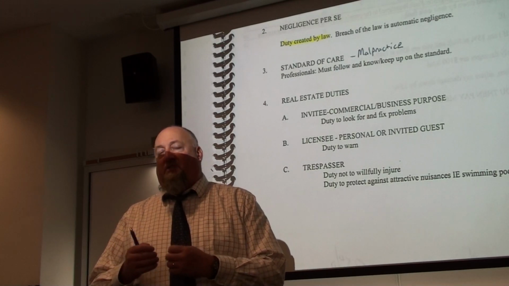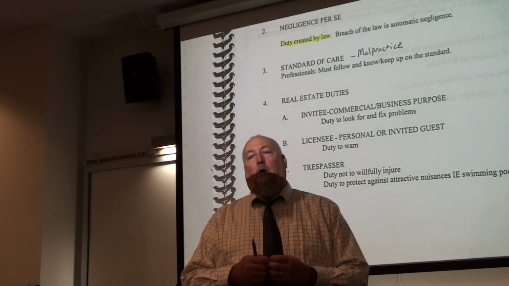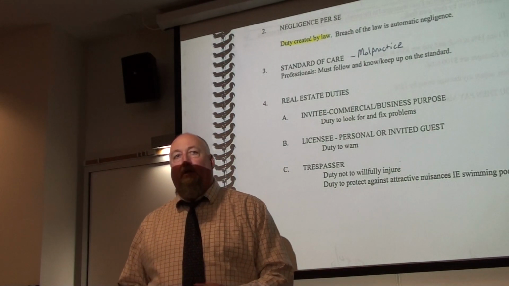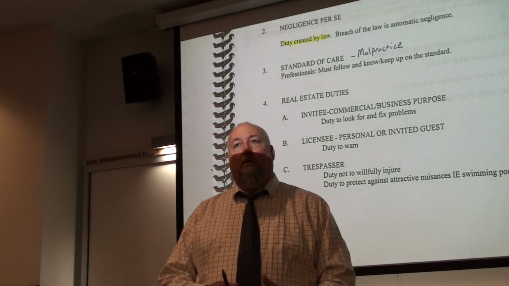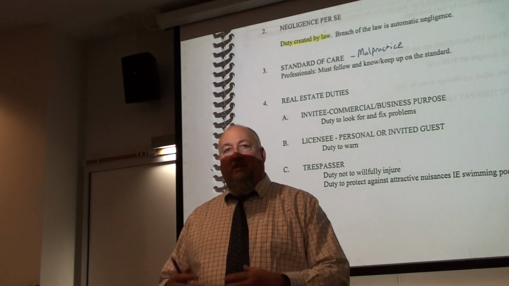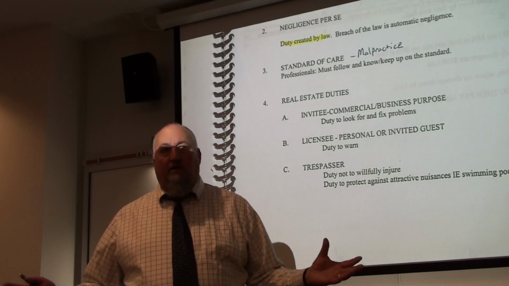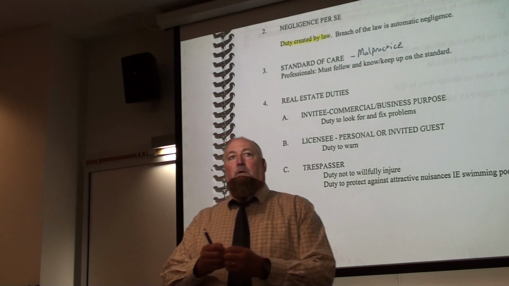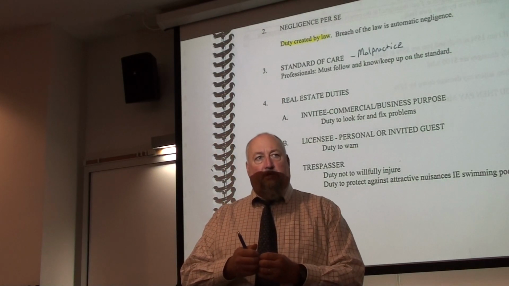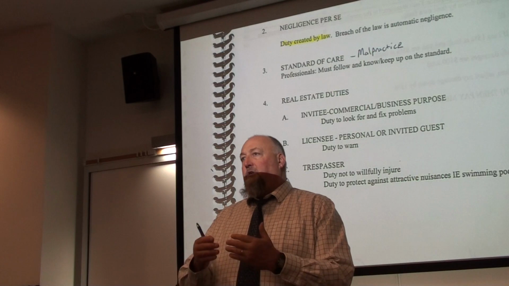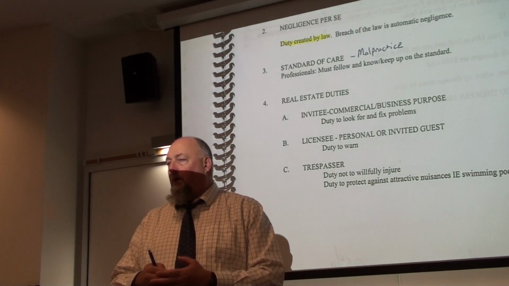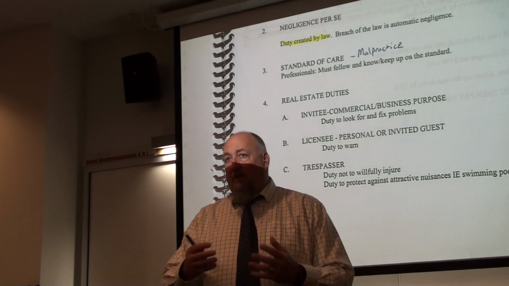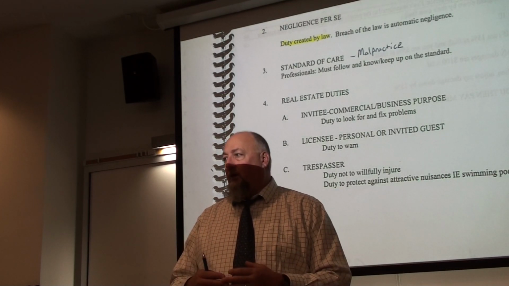So this is the idea that if you are the responsible party for real estate, that is, you're the owner of the property, or you're a property manager, or you're the site facility manager for a factory, or whatever. If you are the one that is in charge of making those decisions, the question is, if somebody gets injured on the property, what is your duty that you owe, if any duty whatsoever, to the injured party?